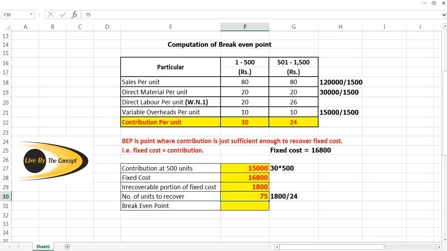By selling 75 units you will be able to recover 1800. By selling 500 units you will be able to recover 15,000. That is how by selling 575 units you will be able to recover the total fixed cost of rupees 16,800. That is, our break-even point is the summation of 500 plus 75. Thank you.